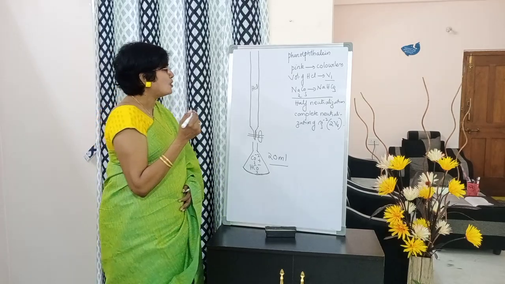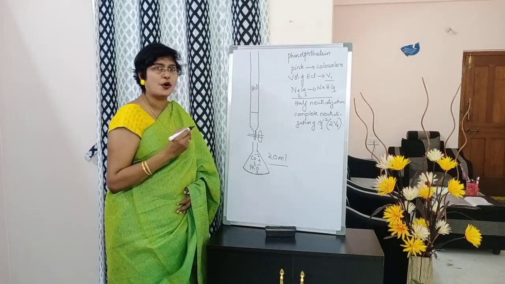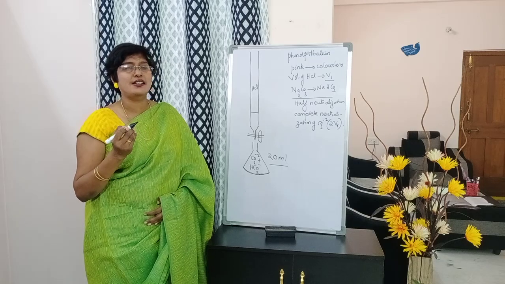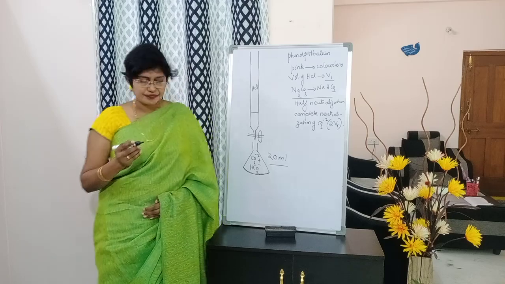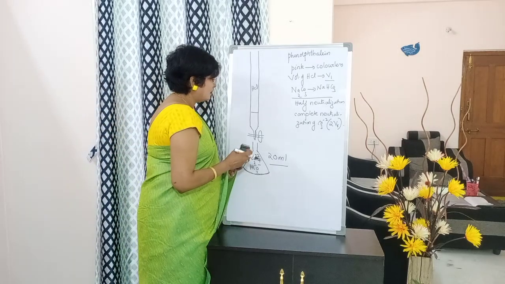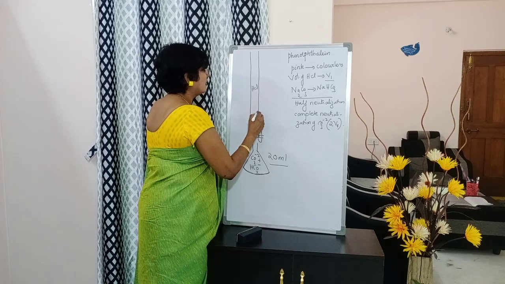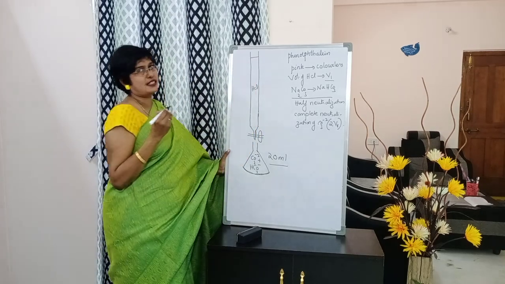Okay. So for example, at this point, what happened? Na2CO3, pink is turning into colorless. So that value, for example, till here is the complete volume of HCl, students.